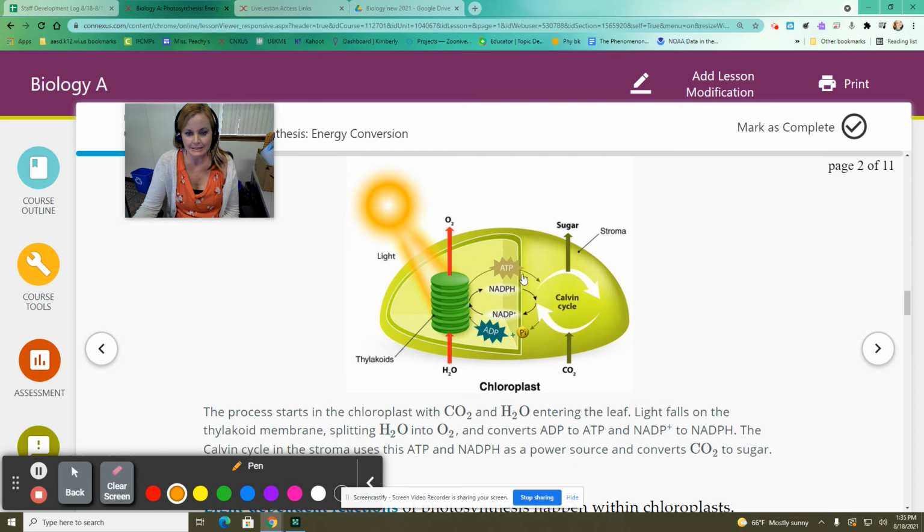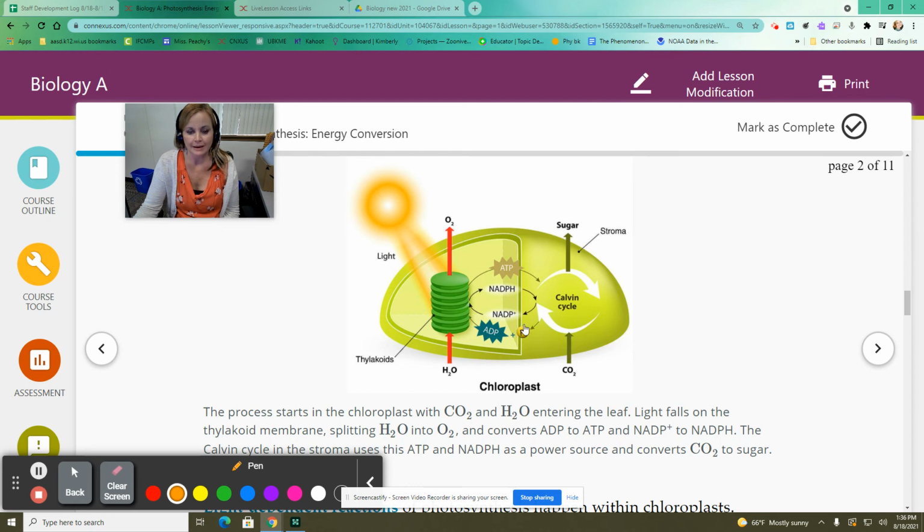And there, the energy that the ATP and NADPH carry, because remember, I call them energy carrying molecules, is used to make sugar. The carbon dioxide, CO2, plus the hydrogen from the NADPH is used to make C6H12O6, sugar.